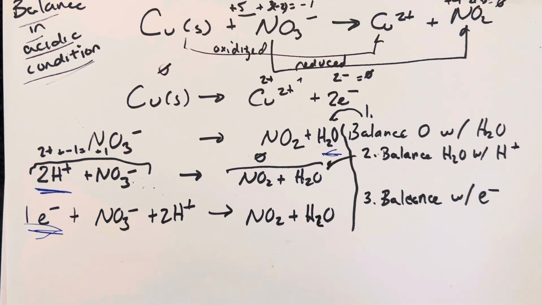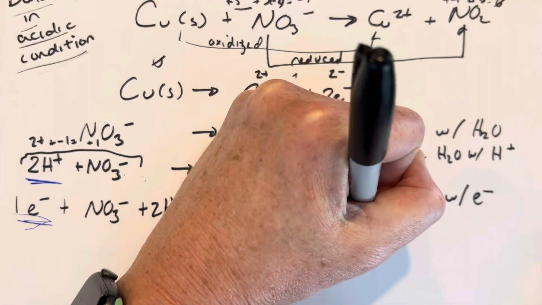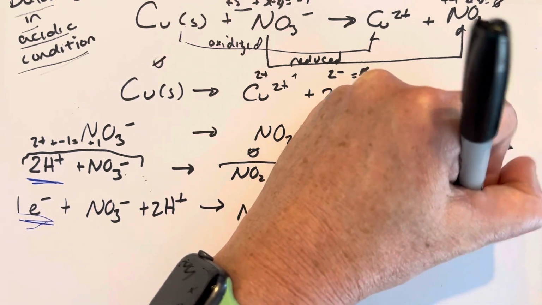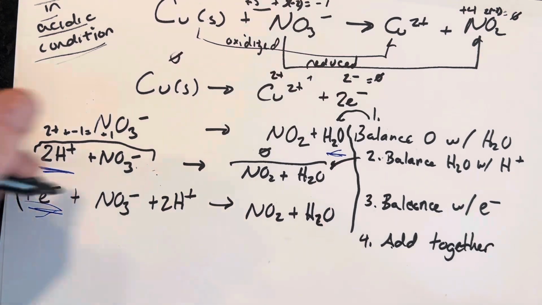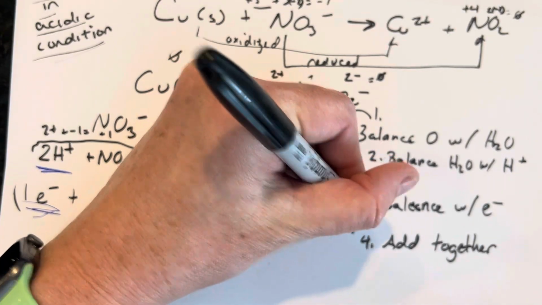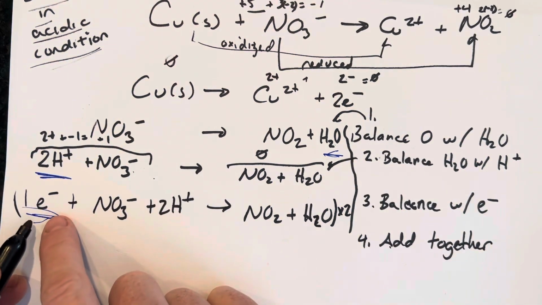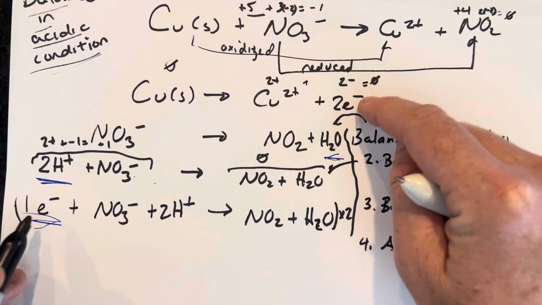Last but not least, we want to add them up together. So step 4, add together, but in order to add them together, we have to multiply the whole thing times 2. The reason we're doing times 2 is because over here I have 1 electron, and over here I have 2 electrons. You need them to be equal.